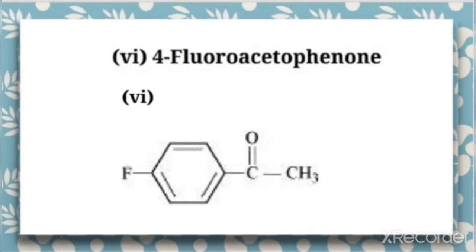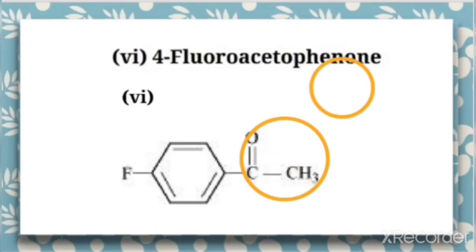Last one, that is also a textbook question. It is a part of textbook in-text question. 4-fluoroacetophenone. We have to make the structure for this one. Acetophenone means CH3CO. CH3CO group is called as aceto group. And here phenone word is used.